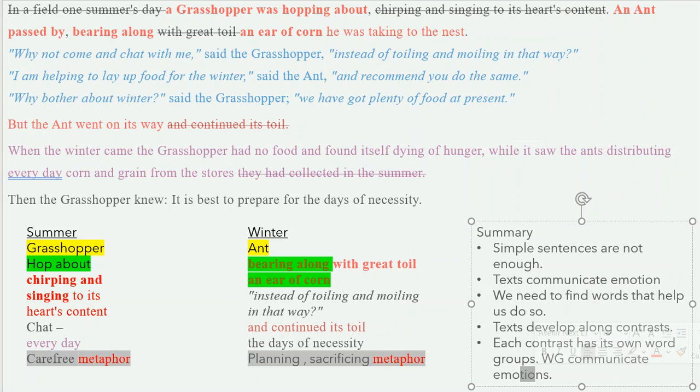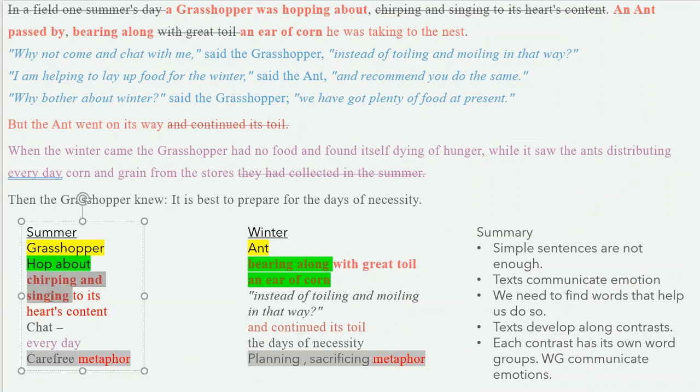When we don't have those word groups that communicate emotions to express the contrast, we don't really understand the contrast, right? The contrast helped us understand that working in summer is difficult. The contrast helped us understand that being joyful in summer is what we understand, but it's not bringing rewards, right?